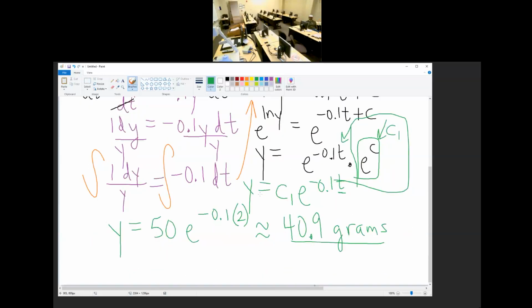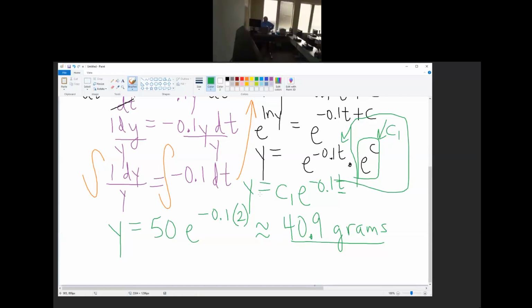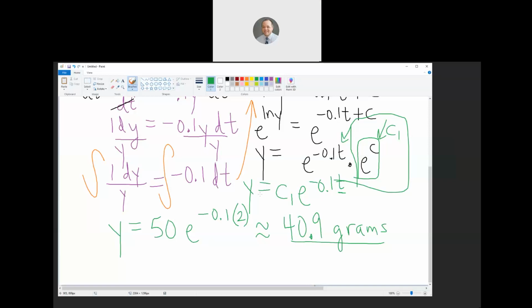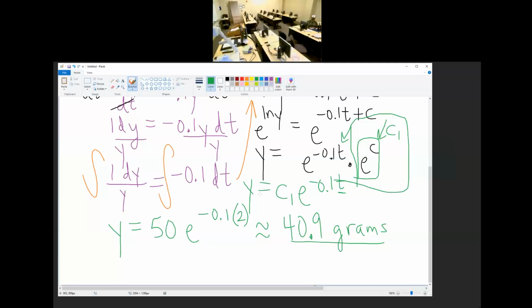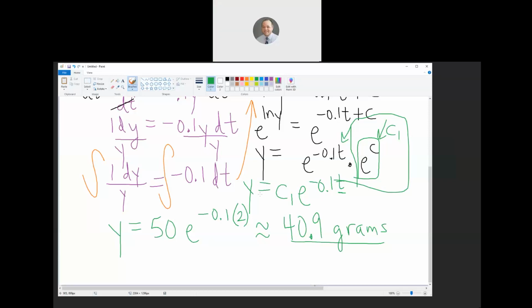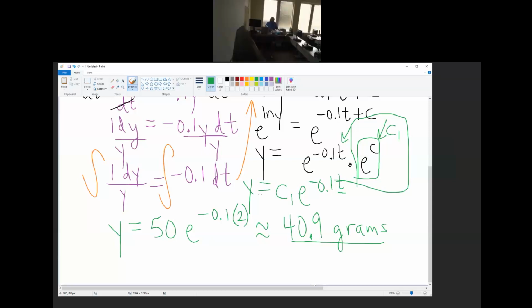Are there any other questions about this problem? Okay, I didn't go over every single question from this lesson. There are some other word problems that you'll encounter.